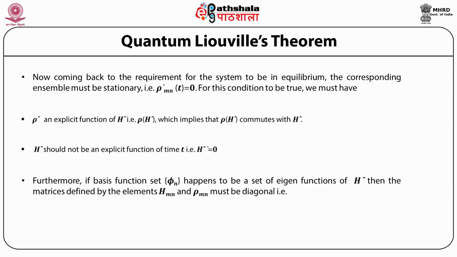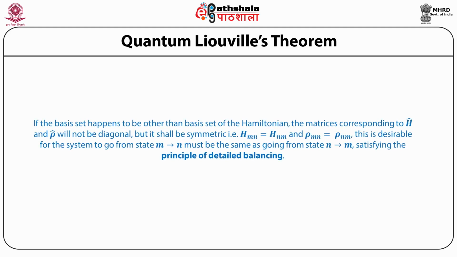That is, the matrix element of the Hamiltonian operator between the states m and n must be equal to En multiplied by Kronecker delta mn, and rho mn must be equal to rho n multiplied by Kronecker delta mn. If the basis set happens to be other than the basis set of the Hamiltonian, the matrices corresponding to the Hamiltonian operator and density matrix operator will not be diagonal, but they shall be symmetric.